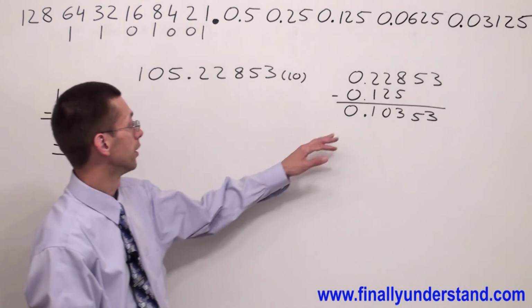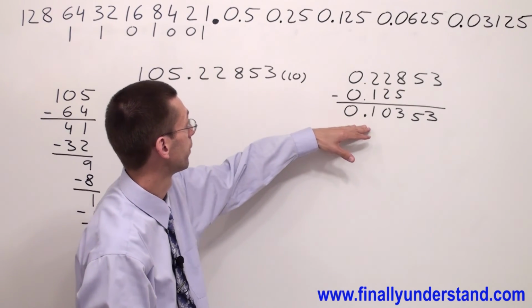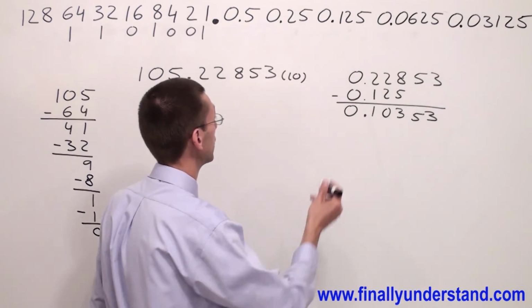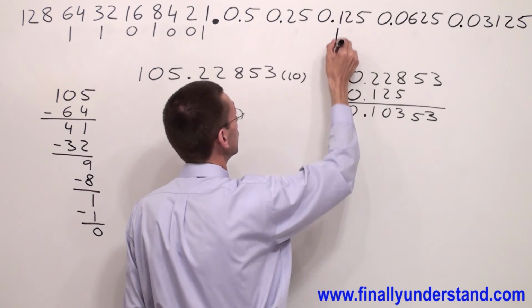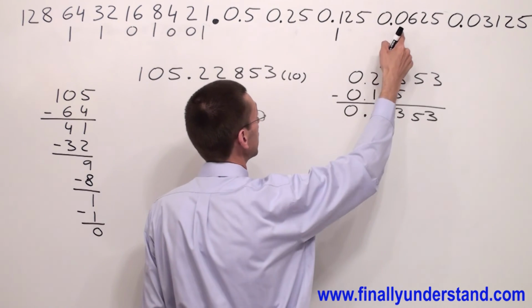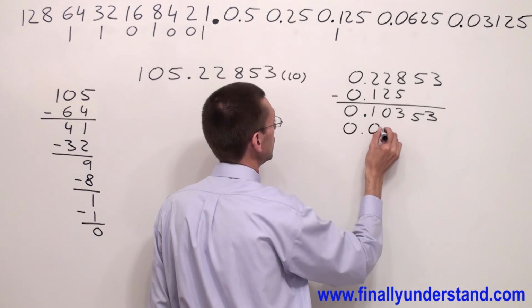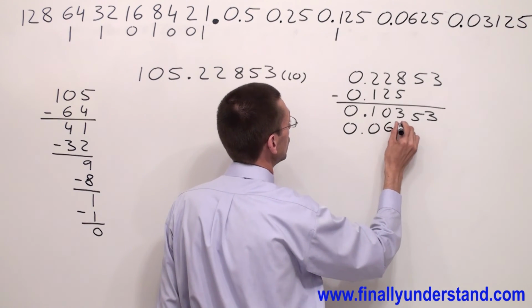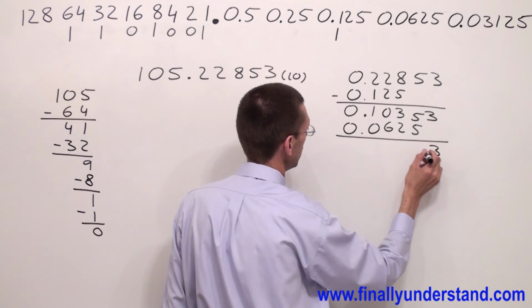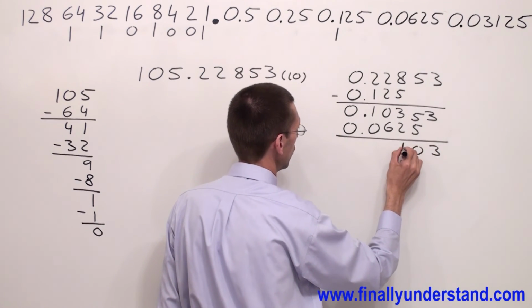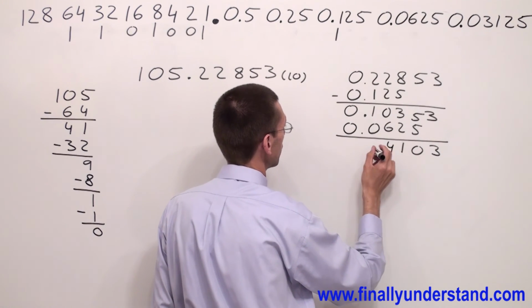The highest weight which I can subtract from this value is this one. But because I used 125 thousandths, I'm going to write 1 over here. Next one, as I said, I have to use this one. I have 0.0625. And I'm going to have 3, 0, 1, and this is going to be 4.